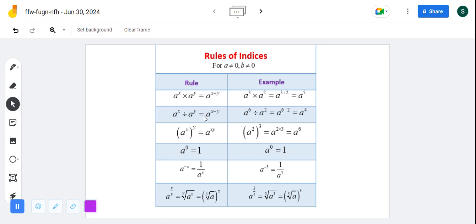And when it's dividing, it's subtracting, or taking away, or minus.